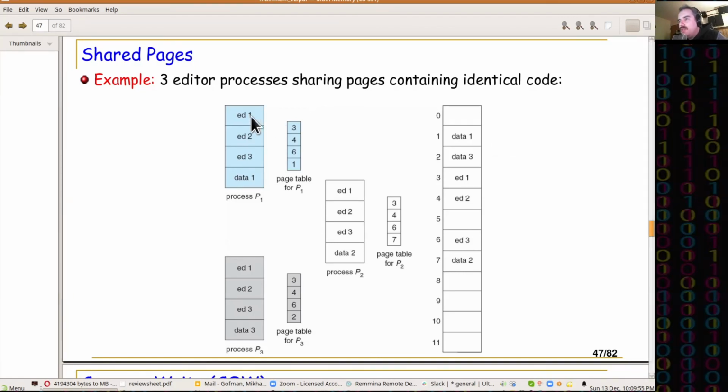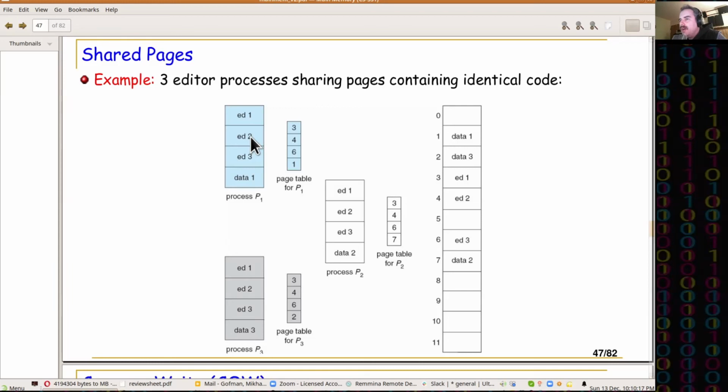So how do they do that? Well, in editor 1's page table, page 0 is mapped to physical frame 3. When we index to location 0 in the page table, we see that it's mapped to physical frame 3.